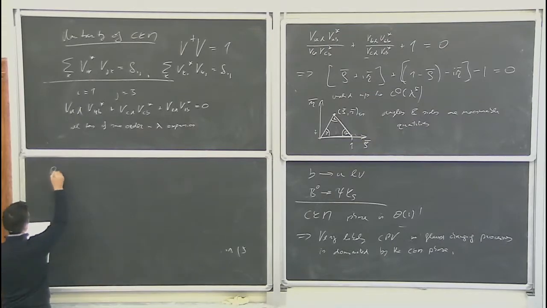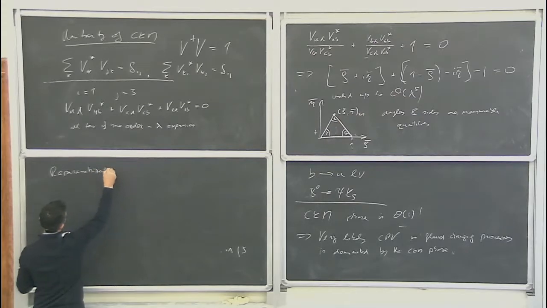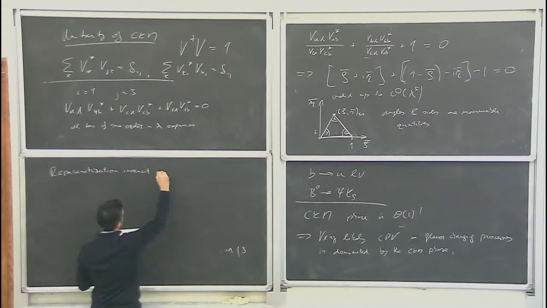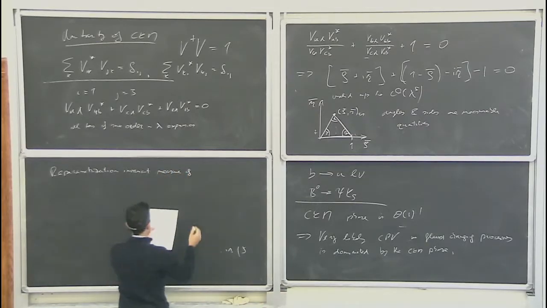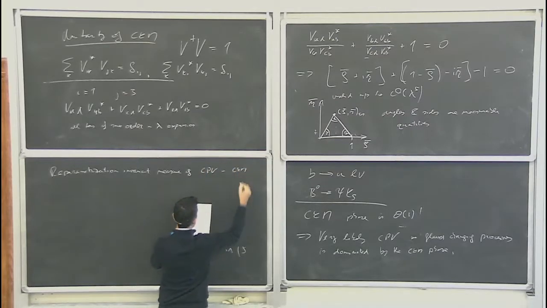So we can write down a parameterization invariant measure of CP violation in the CKM.